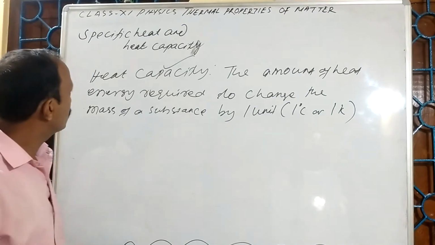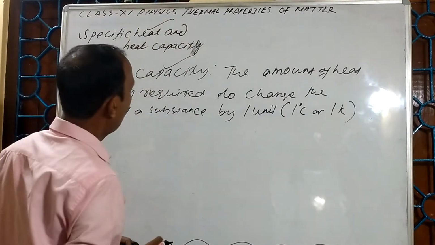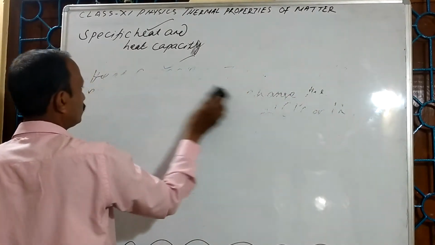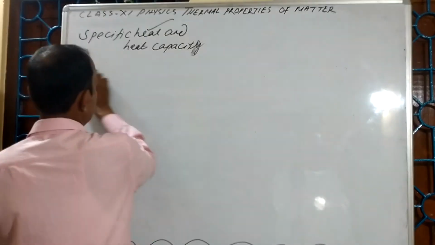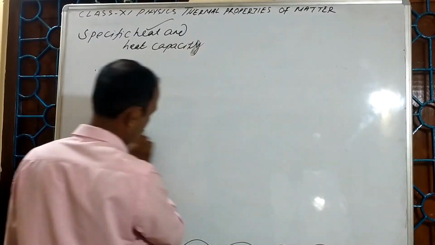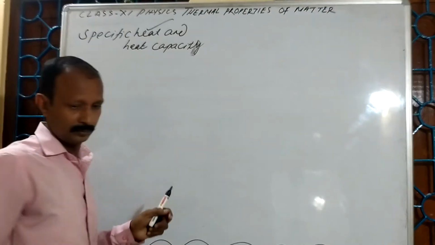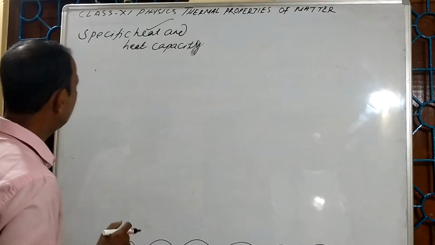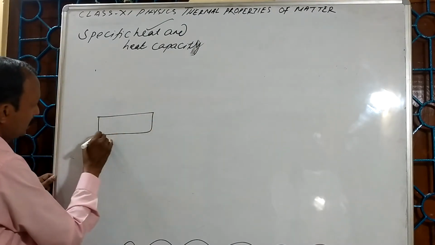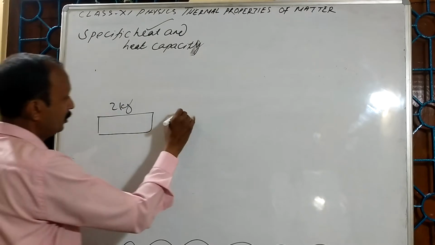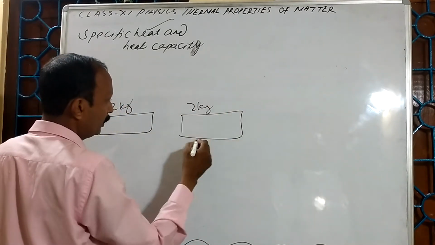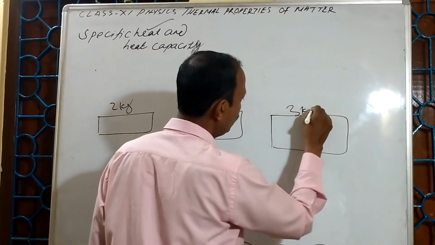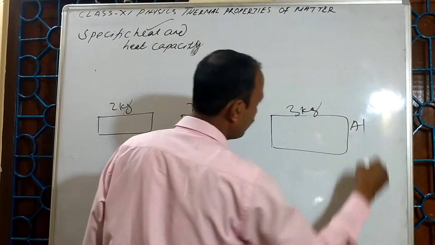So what about the specific heat, or specific heat capacity, we can say? In the previous example, I said that suppose this is the 2 kg iron, this is the 2 kg aluminium or copper, this is 3 kg aluminium I took.